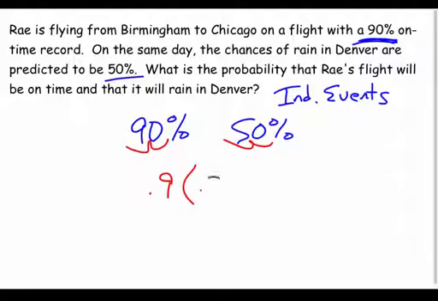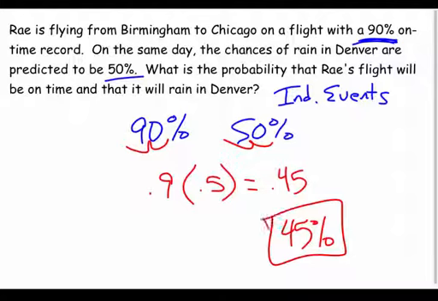So 0.9 times 0.5 gives us 0.45, which is a 45% chance that the flight will be on time as well as it raining in Denver, that both would occur. That should make sense, because if it's a 50% chance to rain in Denver, and it's almost 100%, but not quite, that my flight's on time, it should be a little bit below 50%, which we got at 45%.